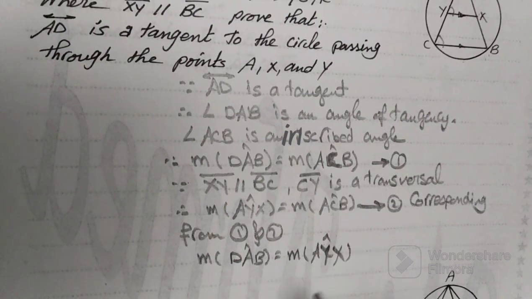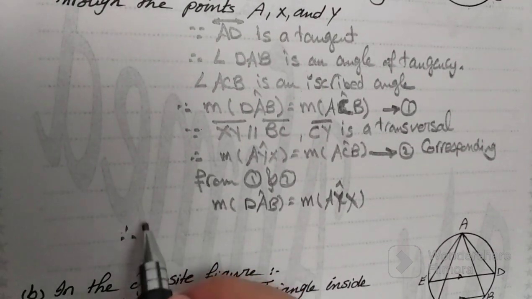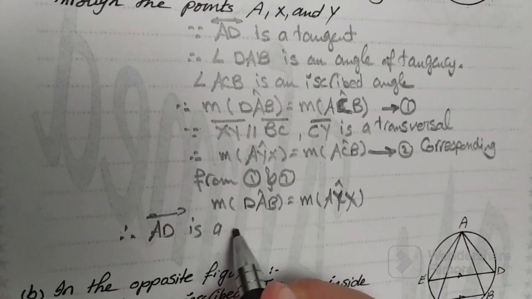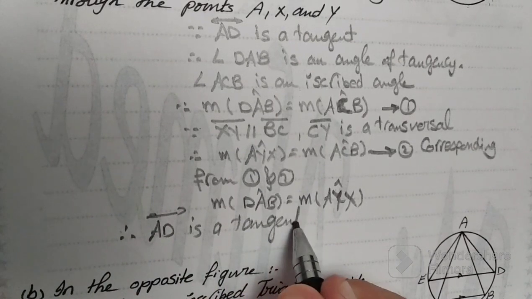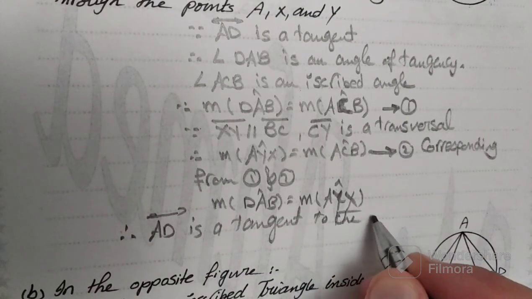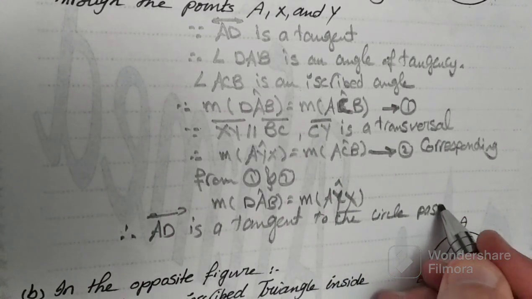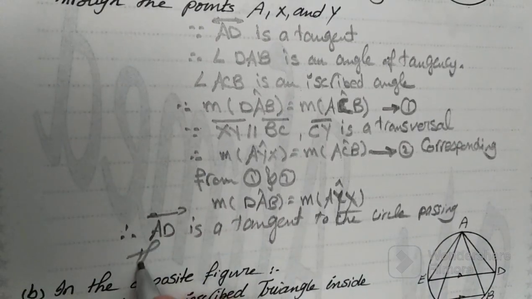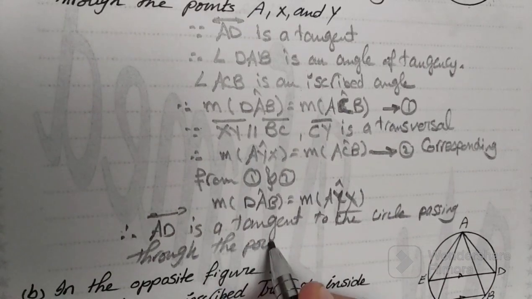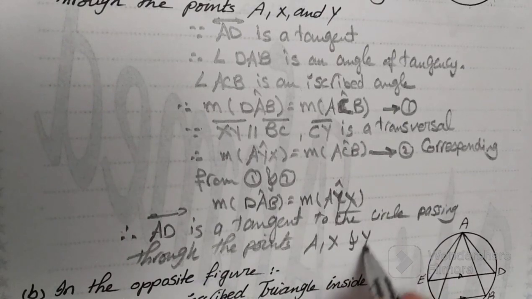Therefore, AD is a tangent to the circle passing through the points A, X, and Y.